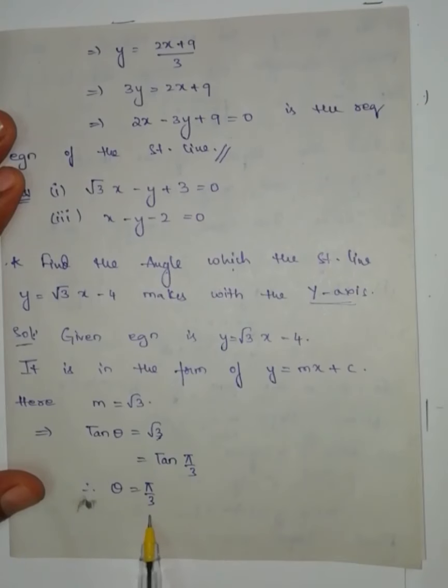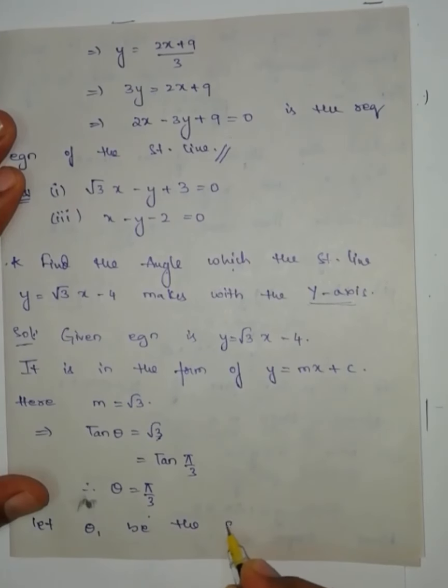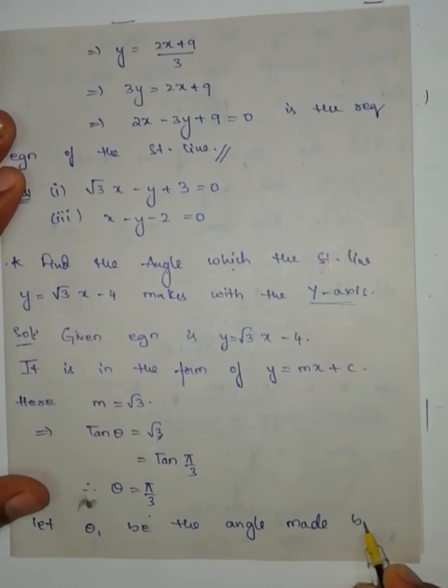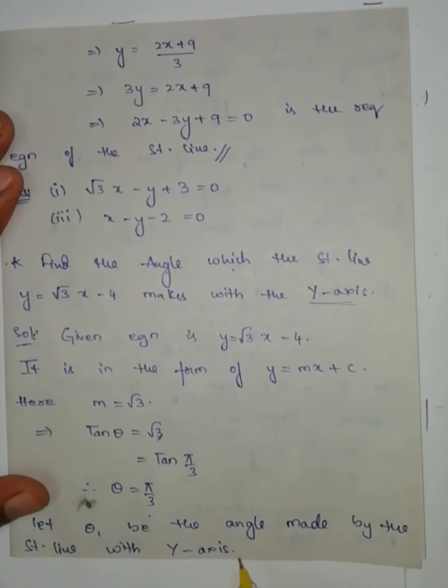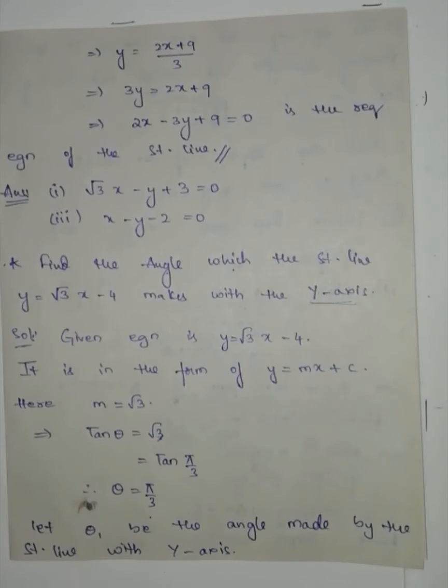This is the angle with the x-axis, but we have to find it with the y-axis. Let theta 1 be the angle made by the straight line with the y-axis.